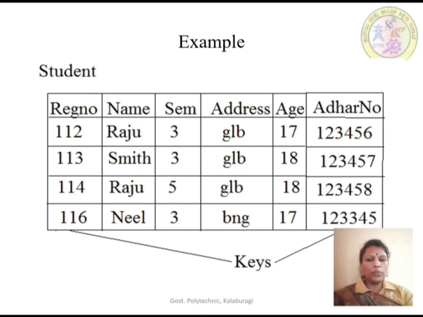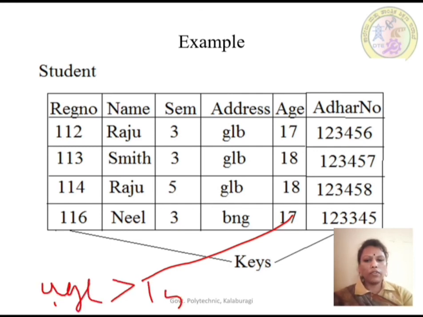Here, in age also, we can restrict the domain or value set. For example, age must be greater than 15 and less than 40.